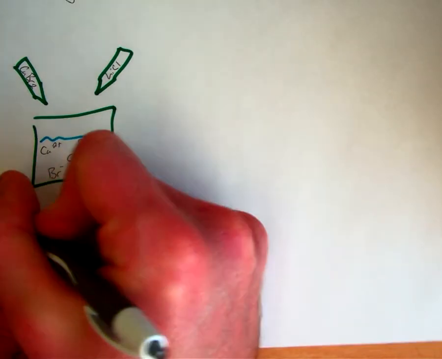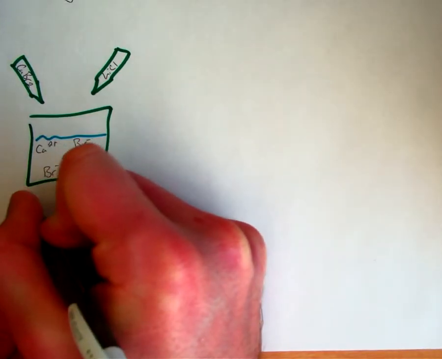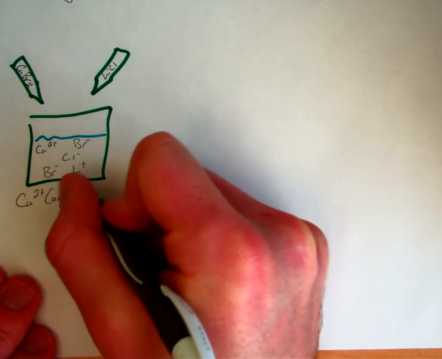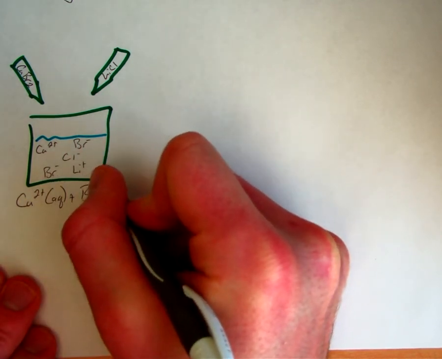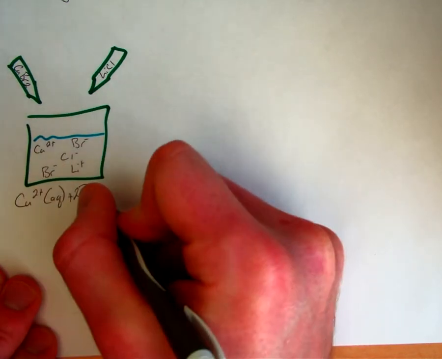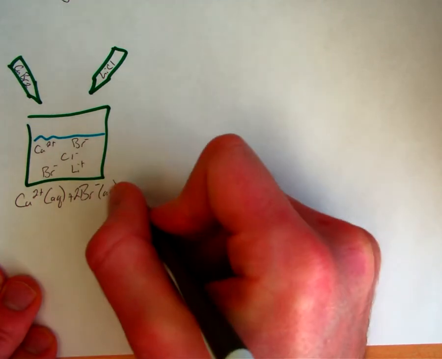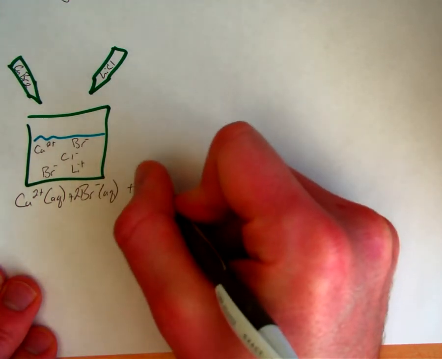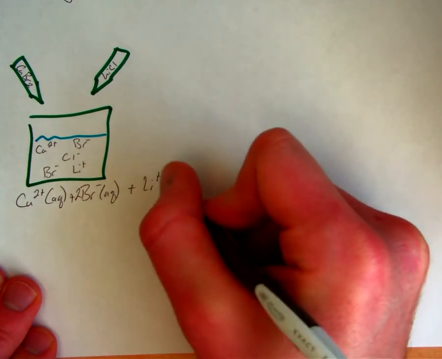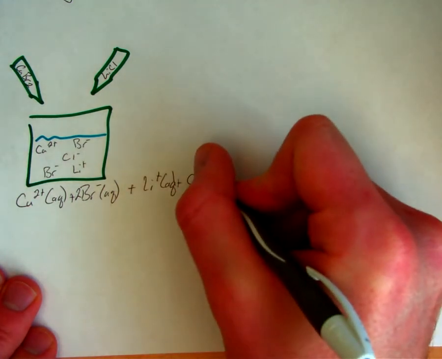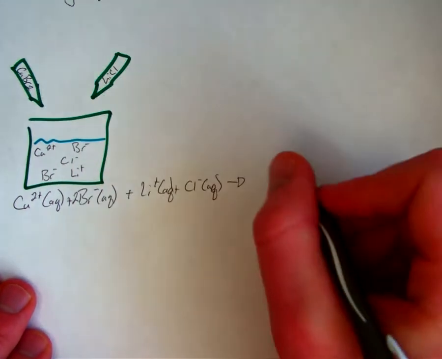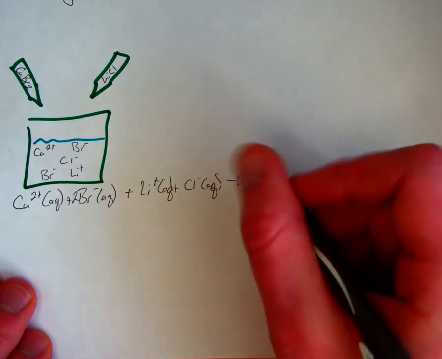So, in this case, our ionic equation will be calcium plus bromine. We've got to balance this, so there's 2 of those. Plus lithium, plus chlorine, produce the same thing because nothing changed.